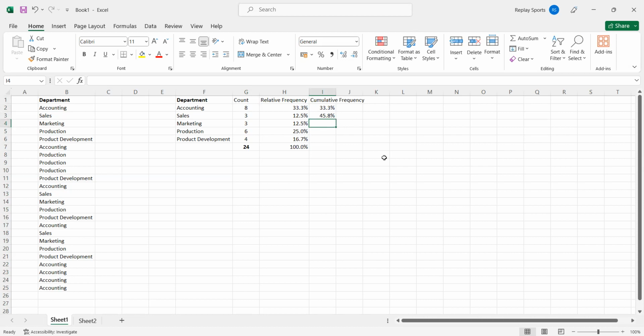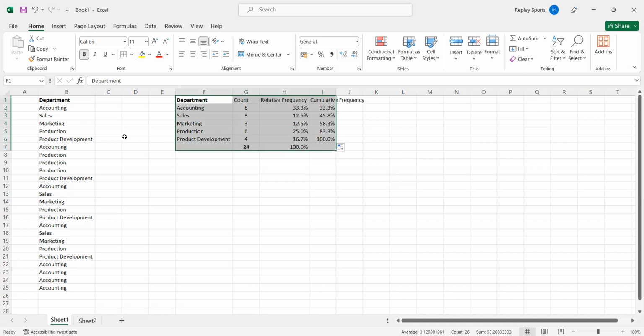So accounting and sales together cover 45%. Then 45 plus 12.5 means accounting plus sales and marketing together contribute 58% to the placement. Then production, marketing, sales, accounting together, 83%. And of course, the last one will be 100%. That means all of these together contribute 100% of the placement. So this is what you need to remember.